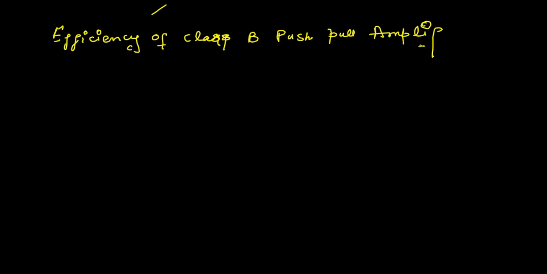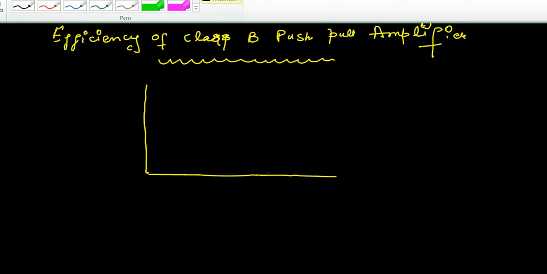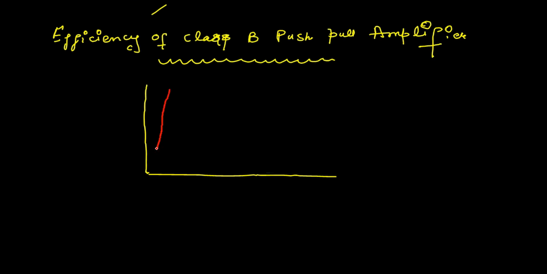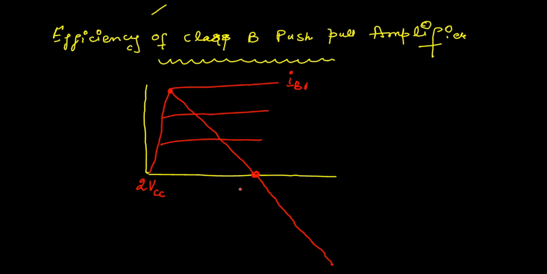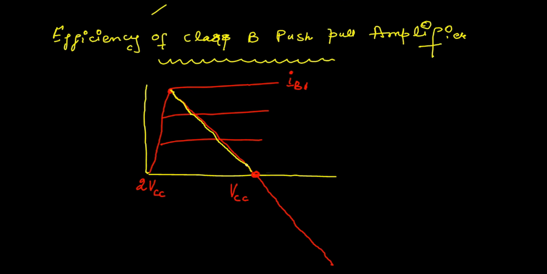Now we're coming to the efficiency of the push-pull amplifier. The characteristic curves: above is the load line of one transistor, and below is the load line of the second transistor.